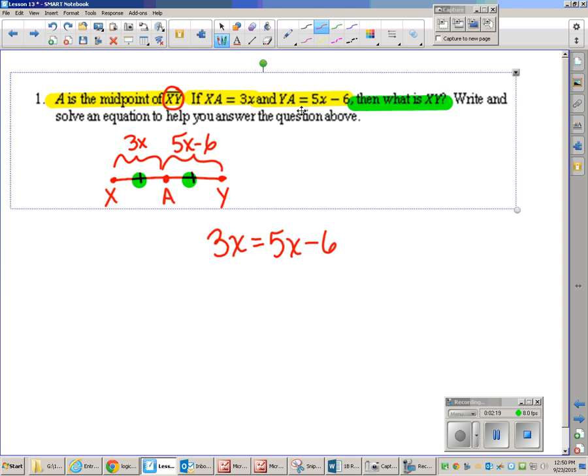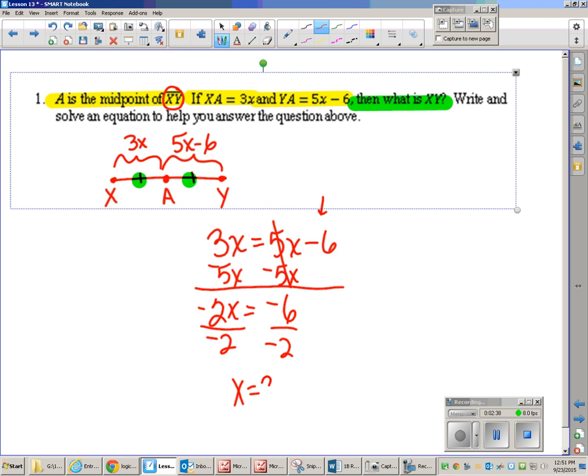Once I start to solve this, I basically see that I've got my constant negative 6 already together, so I'm going to subtract 5x from both sides. This cancels out to leave me negative 6, and on this side I get a negative 2x. Then I'm going to divide by negative 2, so x is equal to 3. Let's make sure I answered the question. The question wanted to know what is XY.